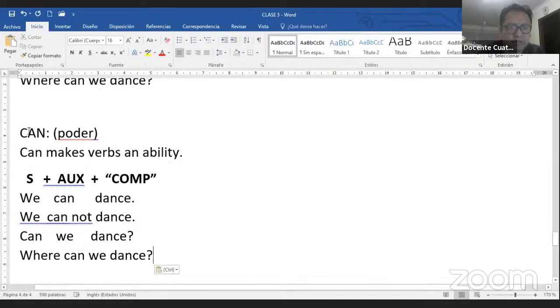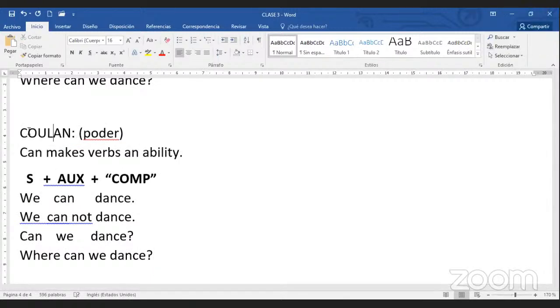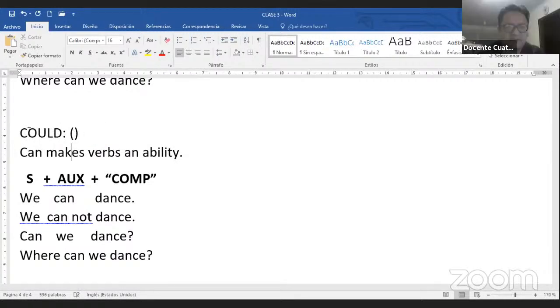Let's see what happens with could. What's the function of could? Could makes verbs an ability, the same as can, but in the past. So it's like a past ability. But could has two functions.